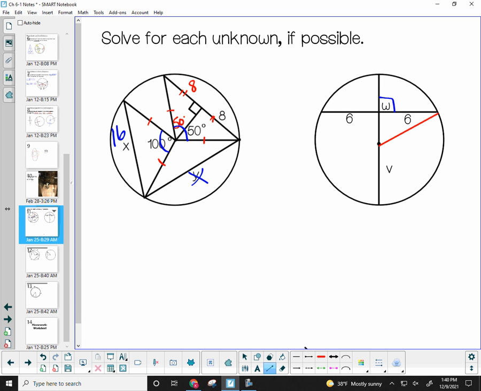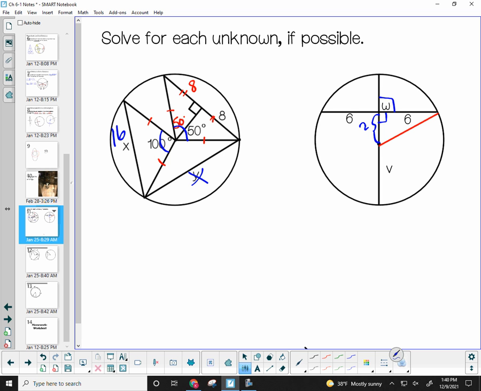Because all radii in a circle are congruent, you could draw a radius anywhere you wanted to, because it's the same length no matter where you draw it in the circle. Sometimes they'll tell you this segment right here is 2. But because of a right angle, I actually create a right triangle.